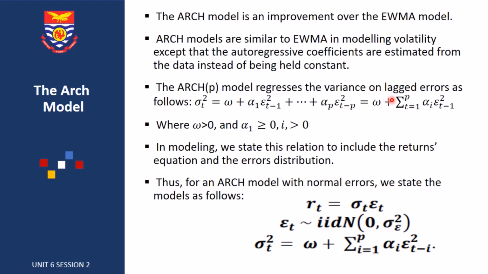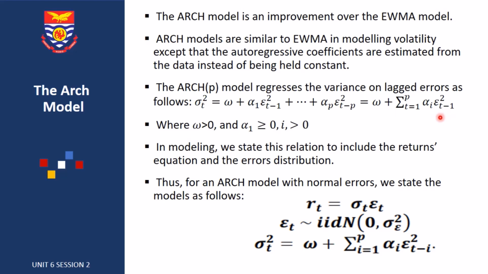The omega simply represents a constant parameter which should always be positive. It should not go negative because it is a measure of volatility and we cannot have a negative volatility. Therefore, our constant parameter should always be positive.